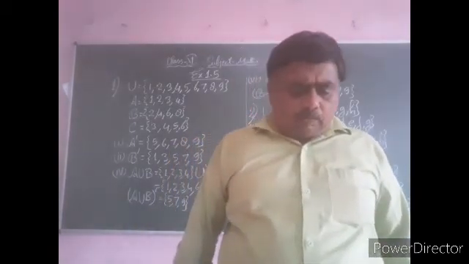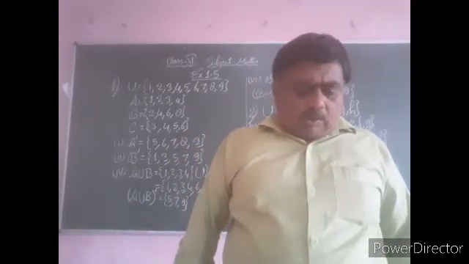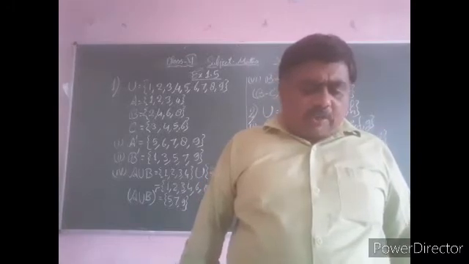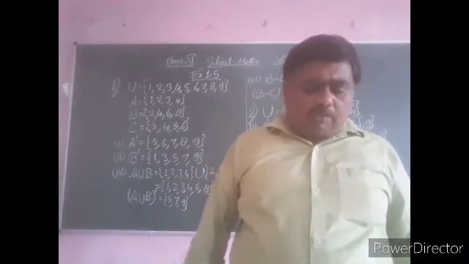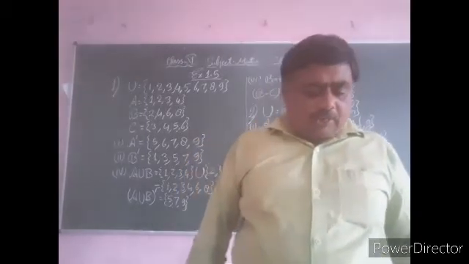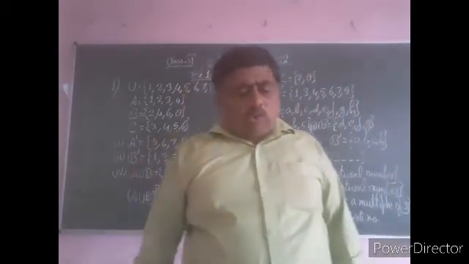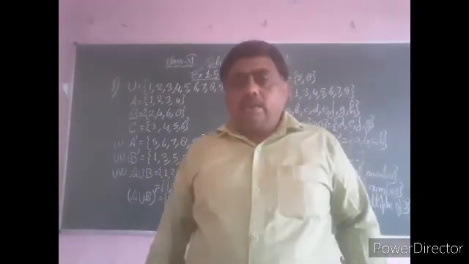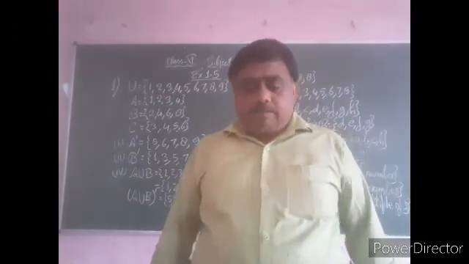Now {x such that x is a natural number divisible by 3 and 5}, the complement is {x such that x is a natural number not divisible by 3 and 5}.